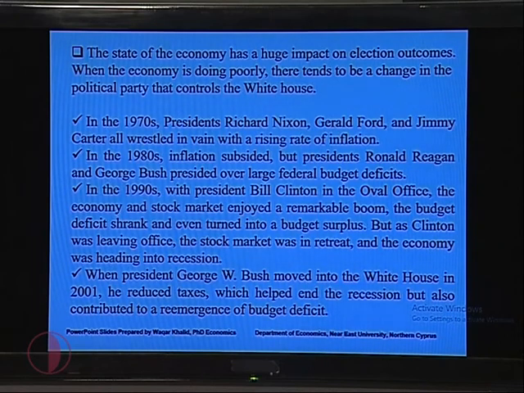So this was the whole discussion of why we need to study macroeconomics. We have discussed that macroeconomics affects society's well-being. The macroeconomy affects our well-being.